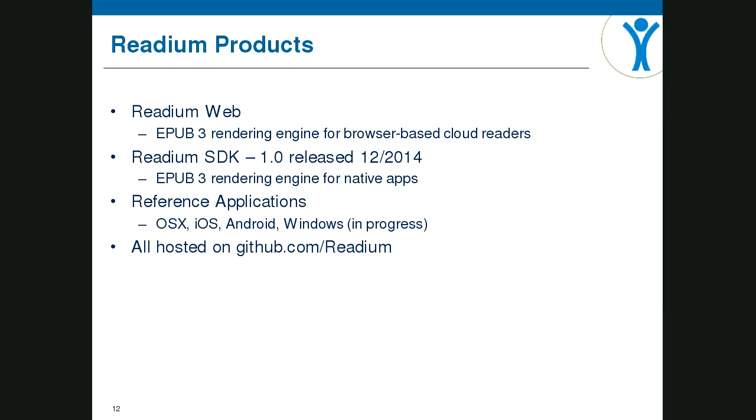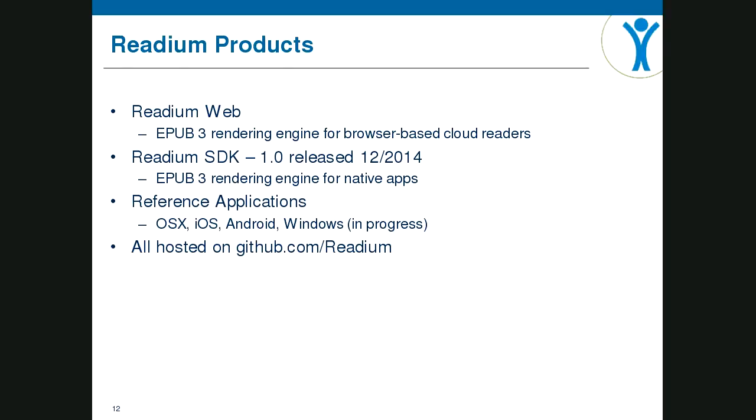And then the other development is the SDK, which is designed for applications. So instead of running inside a browser, you would install this on your device or computer and run that application. Companies will take that code, brand it with their own logo, and distribute it, like Adobe Digital Editions.